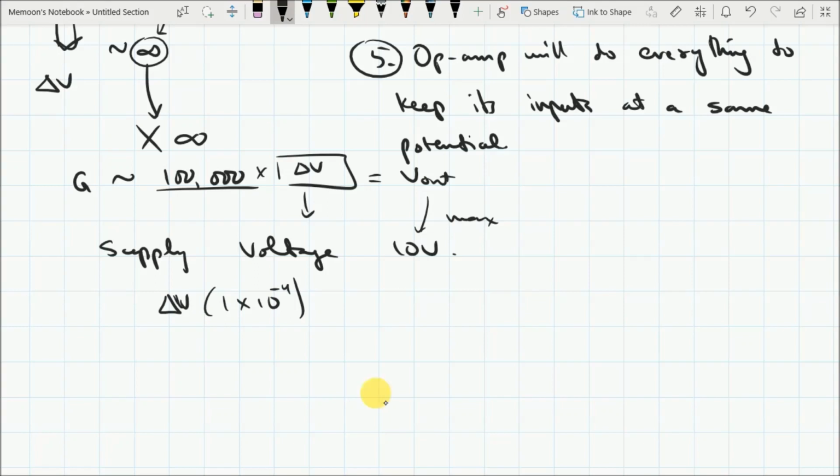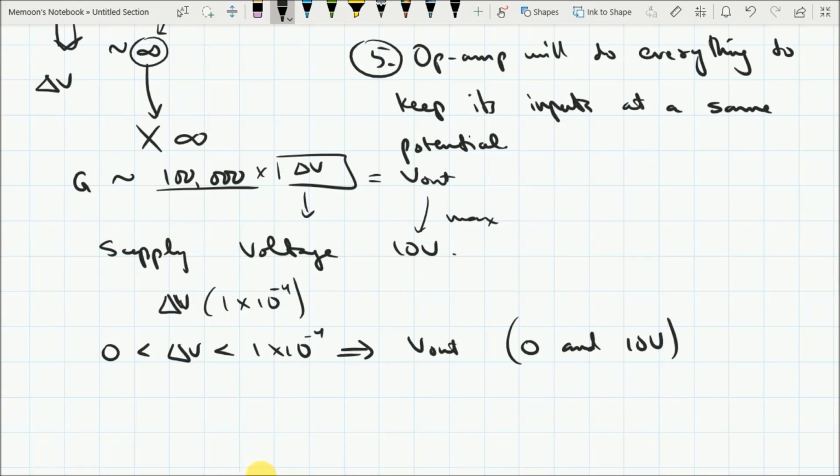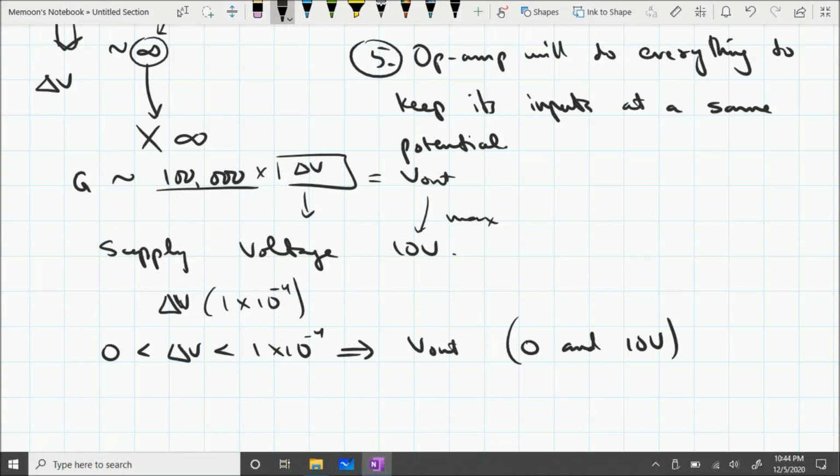So my delta V should be less than 1 times 10 raised to power minus 4 volts and greater than 0 volts to keep my V out between 0 and 10 volts, because 1 times 10 raised to power minus 4 times 100,000 is equal to 10, and 0 times 100,000 is equal to 0.